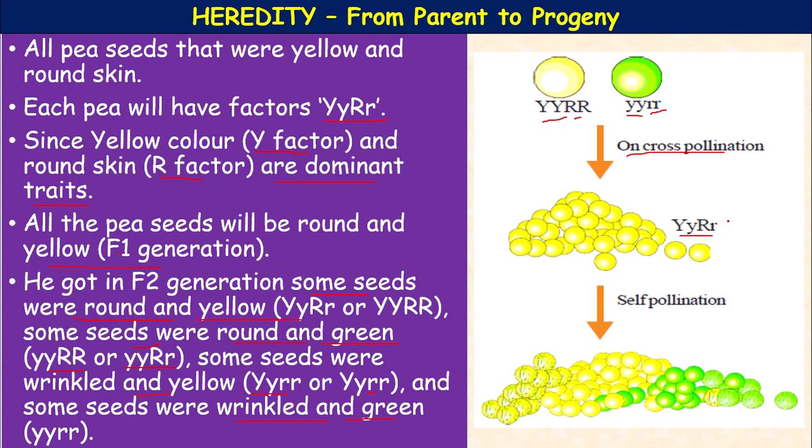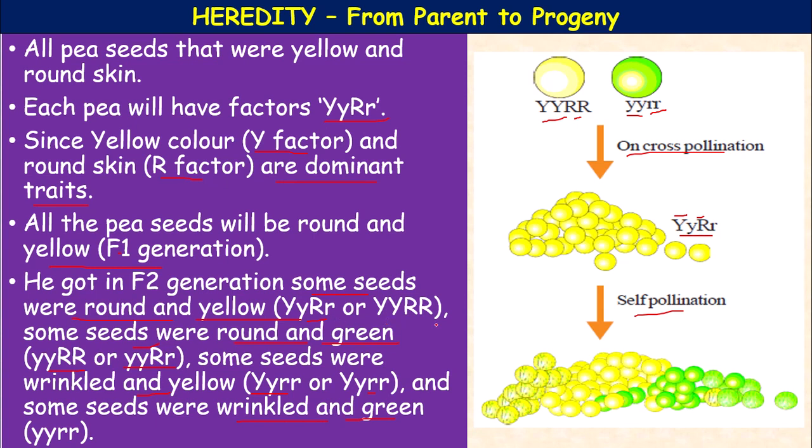So, these are the yellow and round, because capital Y and capital R, these two are dominant factors. When these are self pollinated, then these are produced: capital Y, capital R, small r.